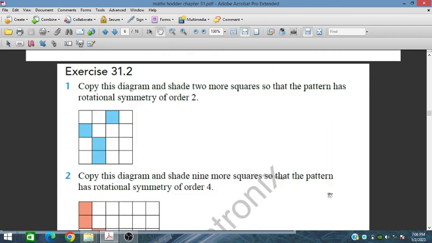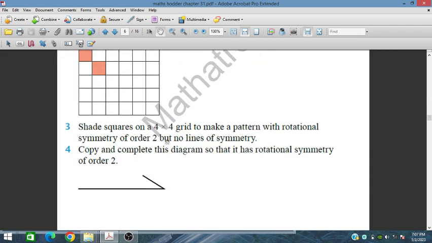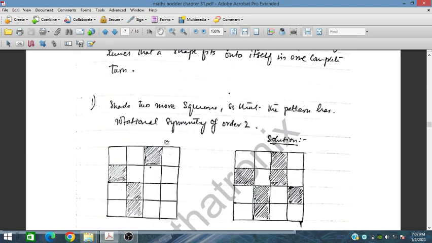In 31.2, we have this given, and we have to find a shape with rotational symmetry of order 2. So for the solution, these shapes are given, and this should be of order 2.